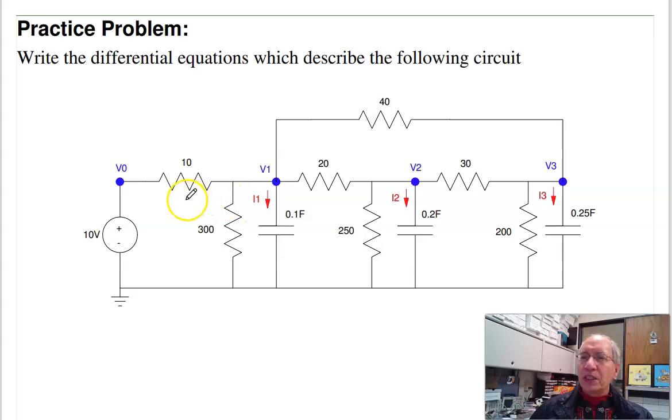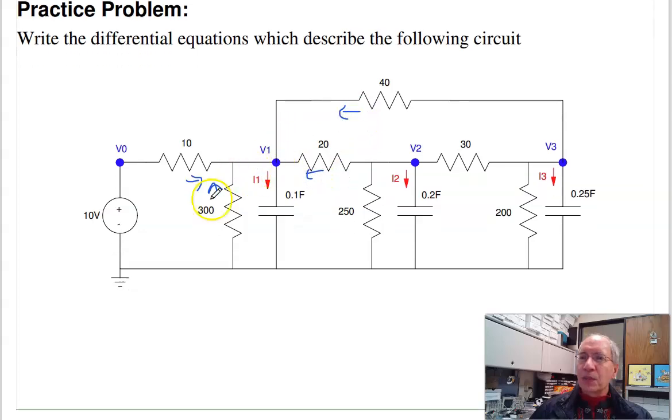So I1 is just going to be the sum of the currents. It's first current, second current, third current, fourth current. Those all add up to I1. I1 is C dB/dt. So 0.1 times the derivative of B1.